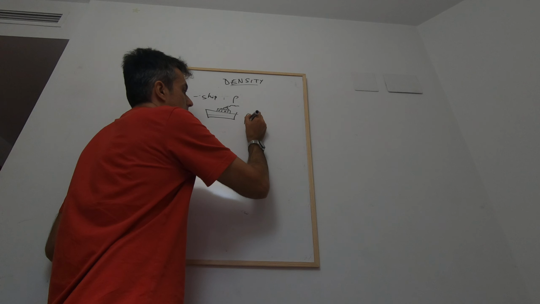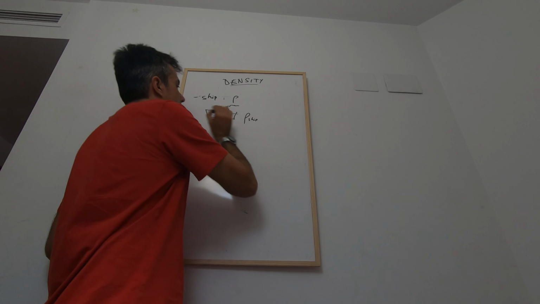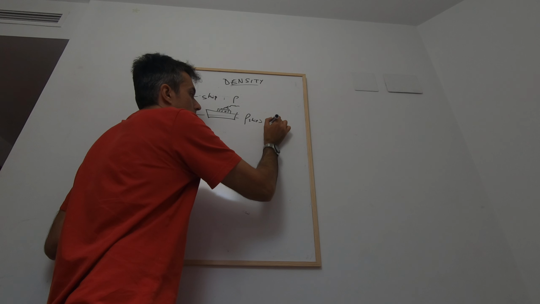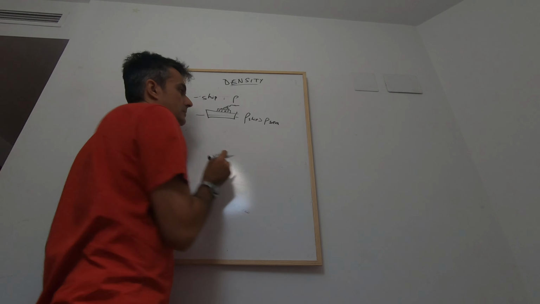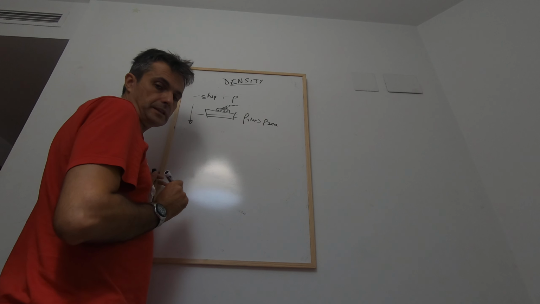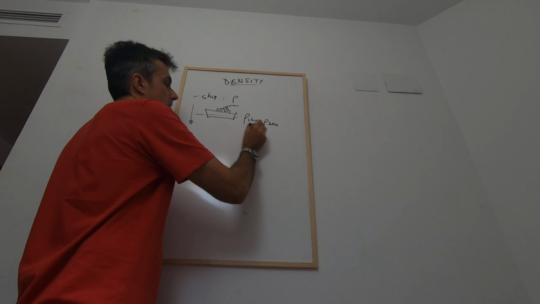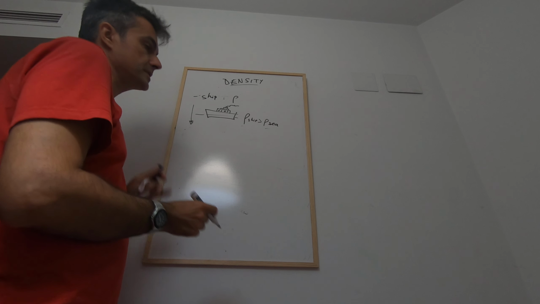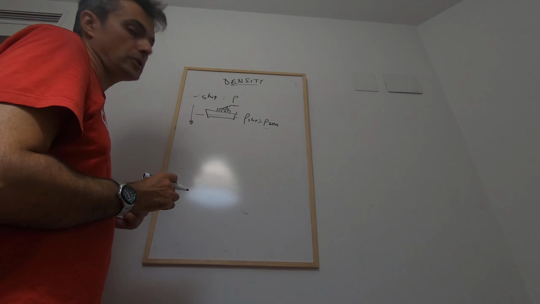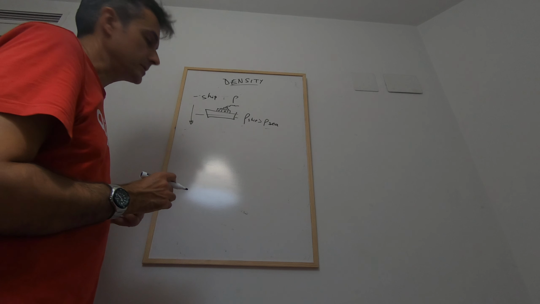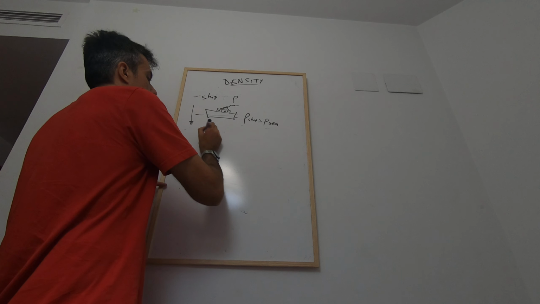If the density of the ship is higher than the density of the sea, you know what's going to happen? It's going to sink. So density is responsible for buoyancy. You say that it's floating. That's important. It's Archimedes' principle.